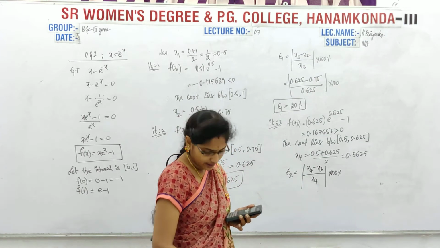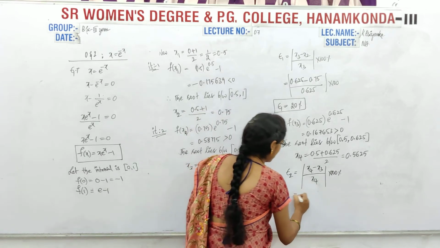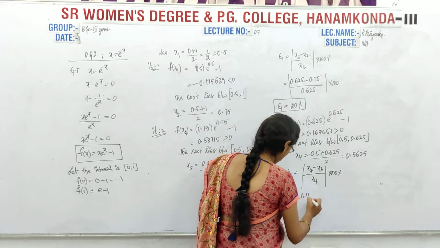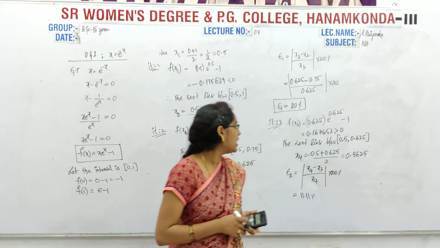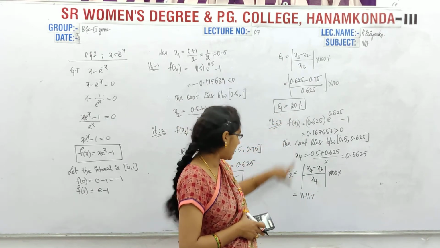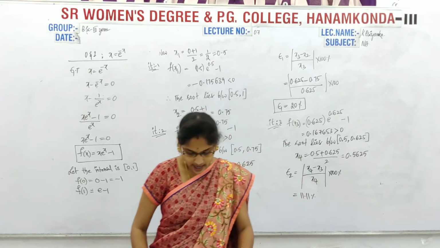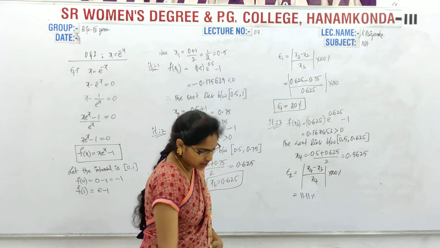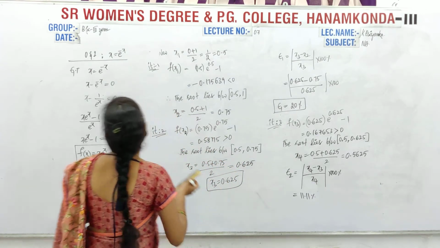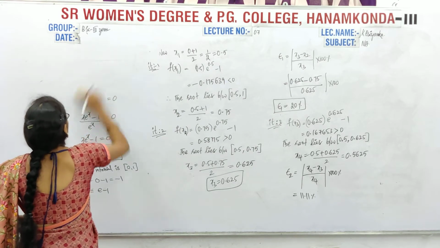Now it is nothing but 11.11%. Okay, so see here we have 20 and here we have 11. So what is happening? It is decreasing, right? So now here I am going to calculate the next iteration.